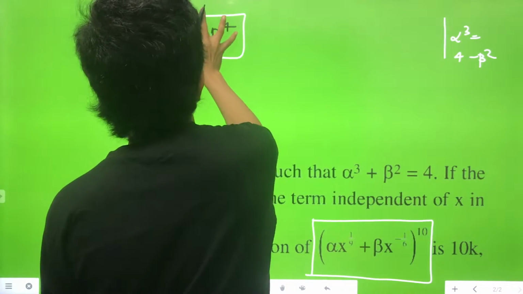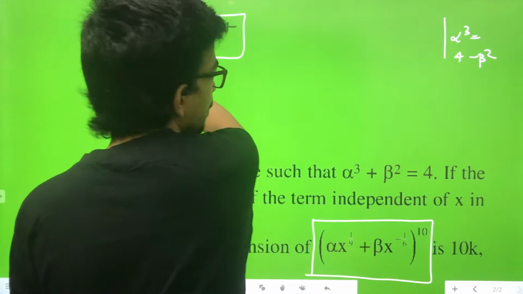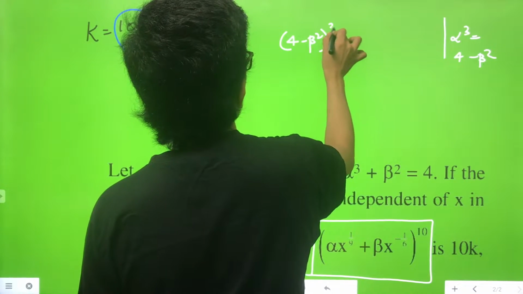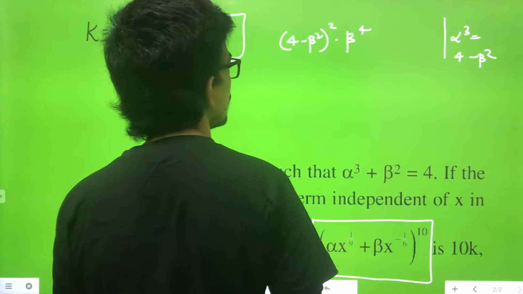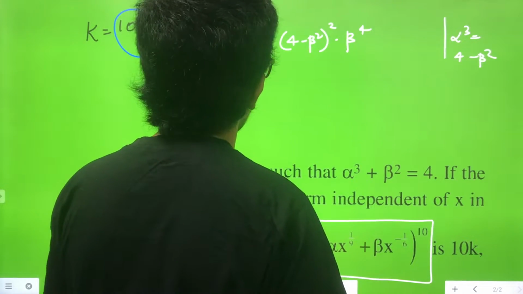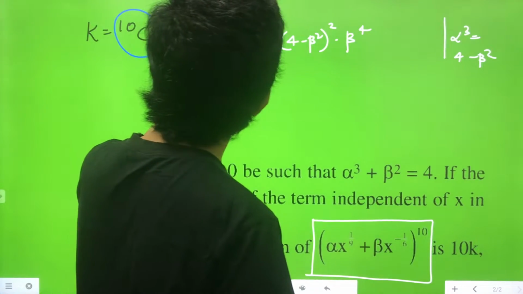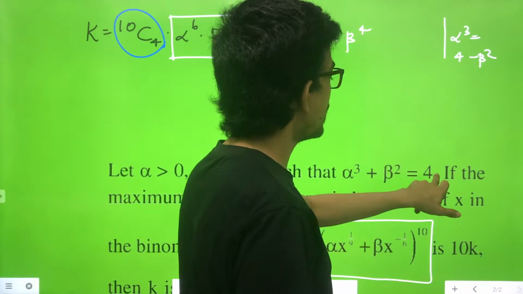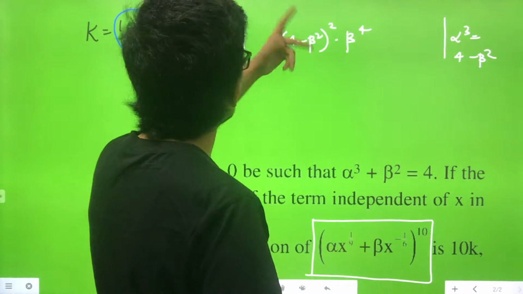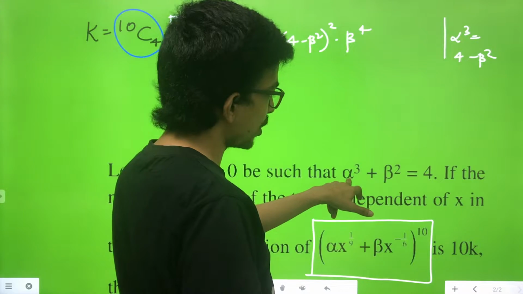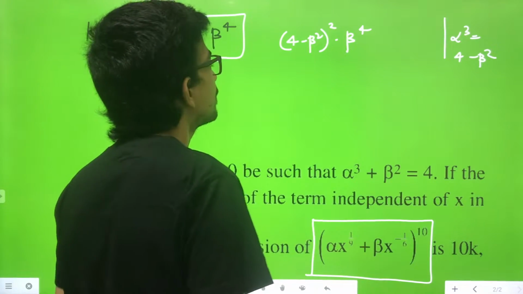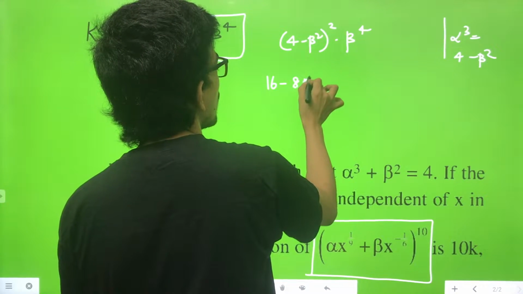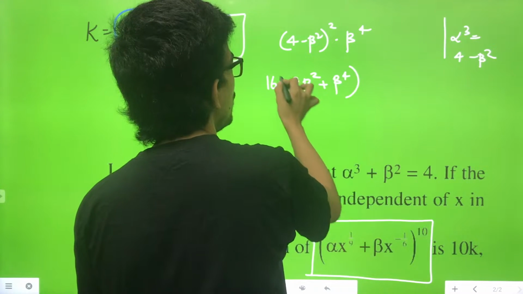So this expression, I'm not considering the constant, becomes 4 minus beta square, the whole squared into beta power 4, because it's alpha power 6 and we have alpha cube from here. Okay. So this comes out to be 16 minus 8 beta square plus beta power 4, into beta power 4.